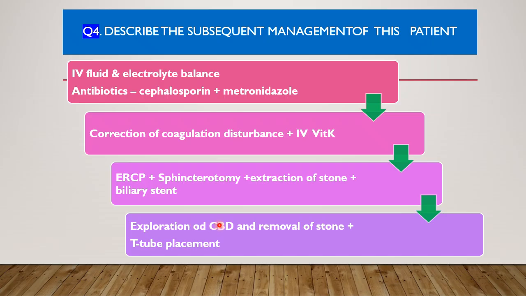Laparoscopic cholecystectomy may also be done at the same time if the patient is stable. Otherwise, it has to be postponed to a slightly later date. If for some reason ERCP is not available, you may have to do an open exploration of the CBD and removal of the stones plus placement of a T-tube. Okay, this is very important because you cannot wait too long for the patient because the patient may go into septicemia.